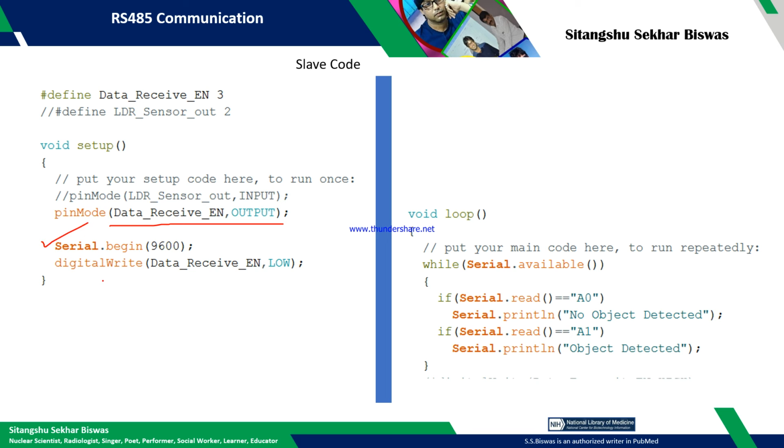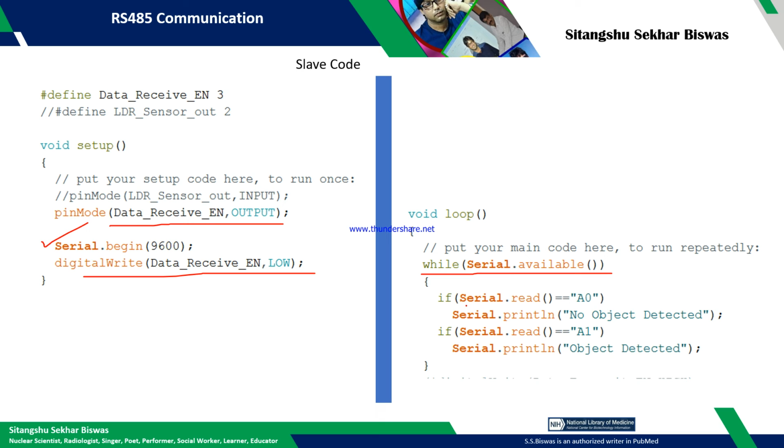This line initiates the serial communication, and I am making this pin low, so it will always be receiving the data. Then coming to the while one loop, inside that I am writing while Serial.available is true. That means if there is no data, then it will not execute anything. But if there is any data, then it will enter inside this while loop.